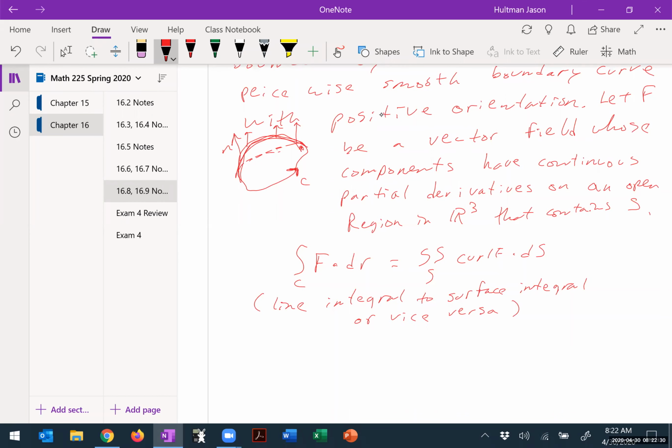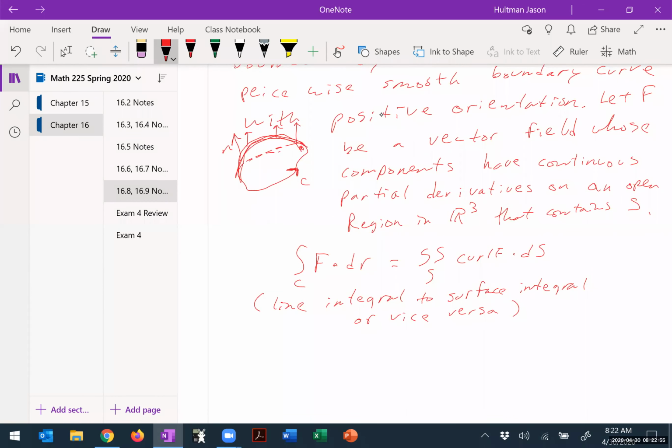So we can utilize the tools that we have for line integrals to get the surface integral, or we can utilize the tools that we have for surface integrals to get a line integral that wouldn't be as easily gotten.